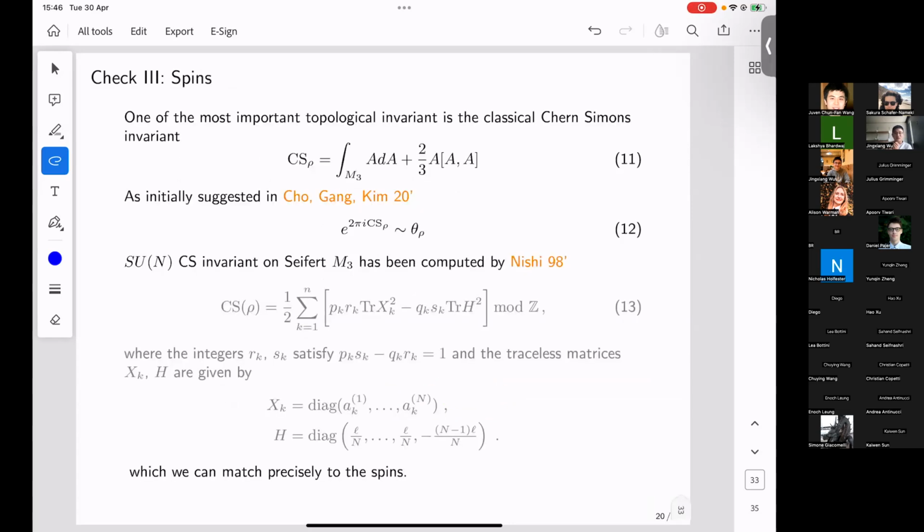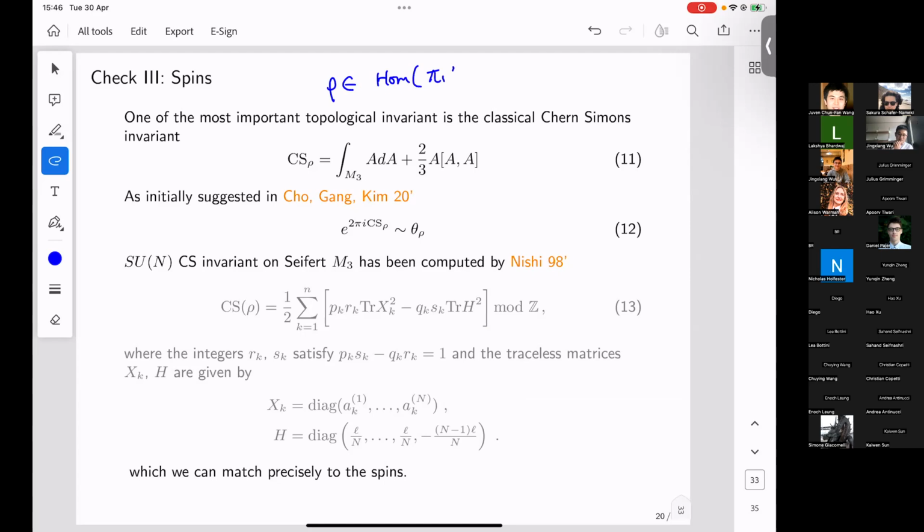So one more thing that I would like to mention about these two relations is how do I match the topological invariant between two sides? This is not fully developed because there are so many topological invariants we need to match. The simplest one we can do is the classical Chern-Simons invariant. I was describing the flat connections using the math language, right?